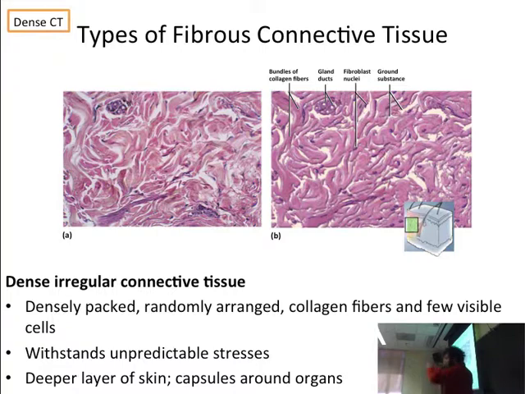It's resisting force from unpredictable directions all over the place. We find this in the deep layer of the dermis. So the reticular layer of the dermis has this dense irregular connective tissue. We have the papillary layer on the top, and then below that, where the hair follicles and the sebaceous glands are embedded, is this dense irregular connective tissue. Okay.